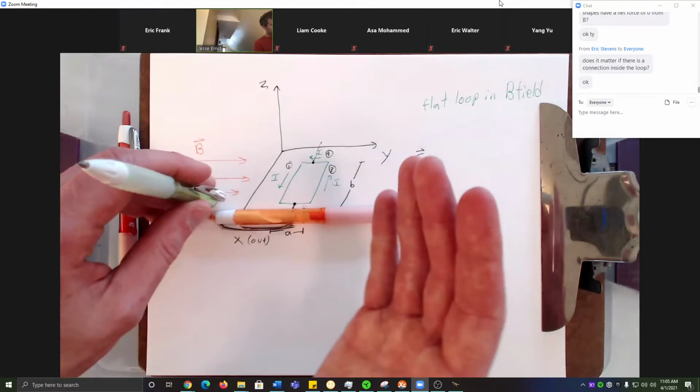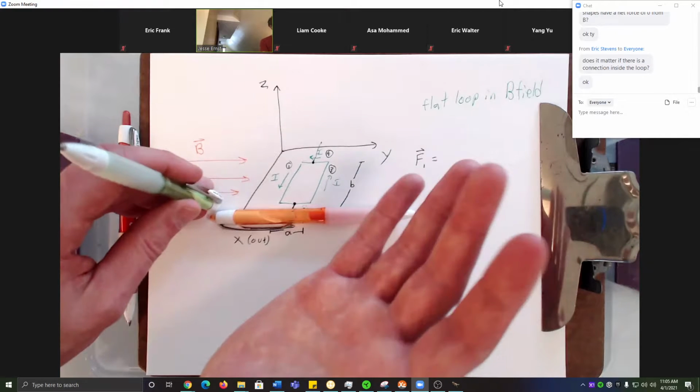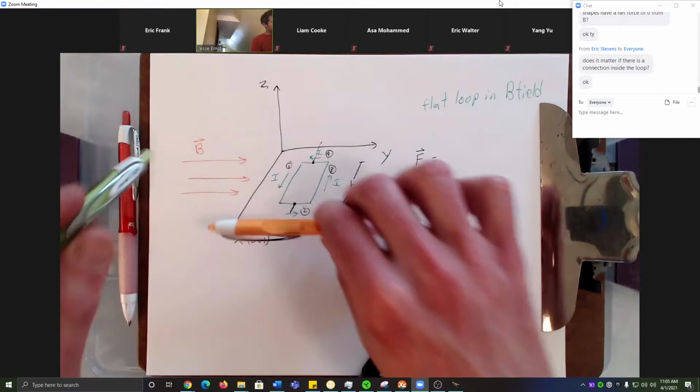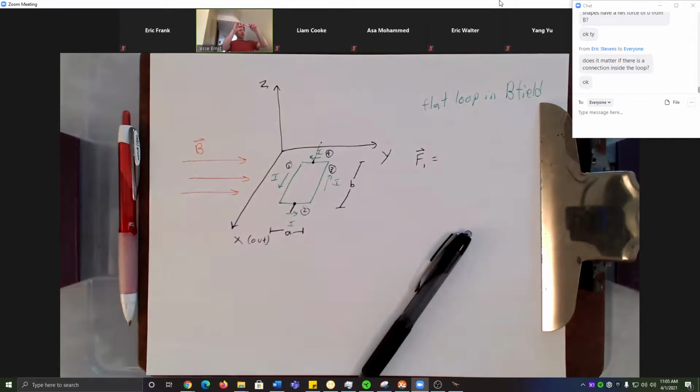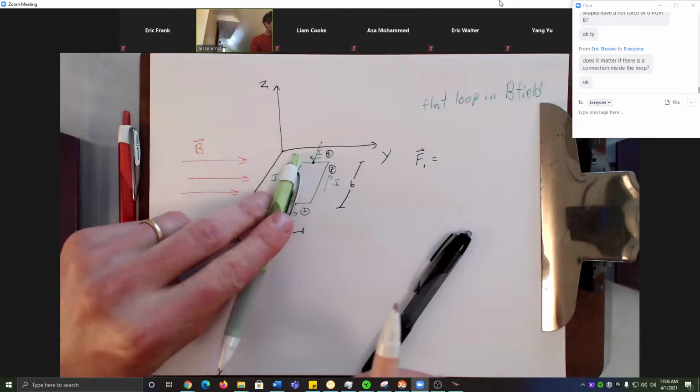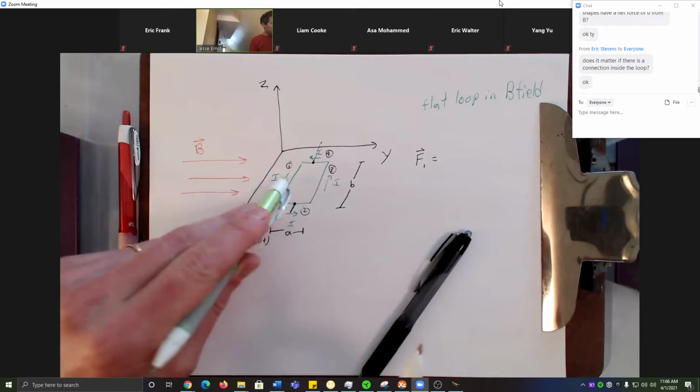So L cross B, I should really do it like this: the current is coming toward me, and B is going across. And so L cross B is up. Out, this cross that will be upward.